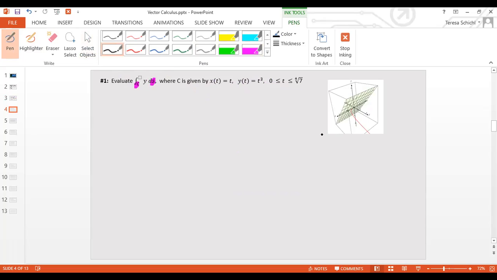So I graphed it for you. This is the graph. The light green one is the surface, and the red one is the curve I'm going to integrate. This is my C here.